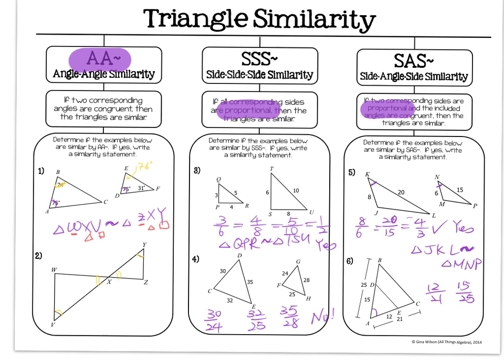As it turned out, they don't equal each other. So no, this pair is not similar to each other. So three theorems: AA similarity, SSS and SAS similarity theorem.